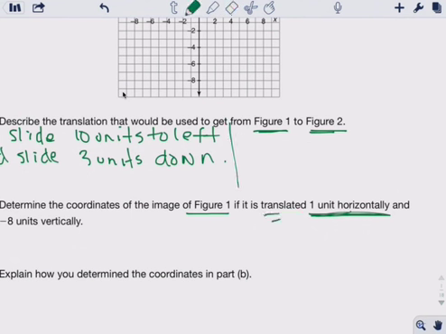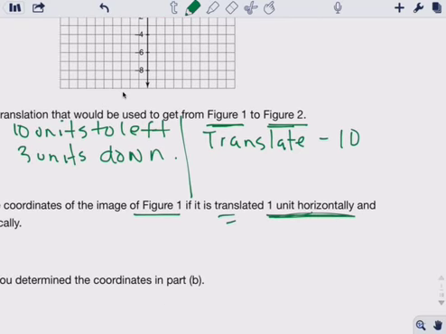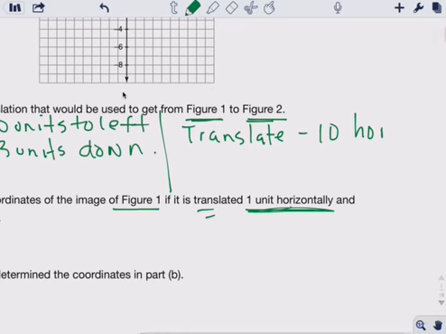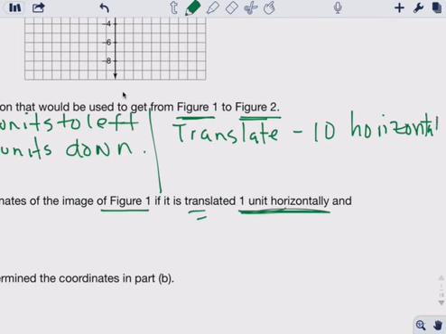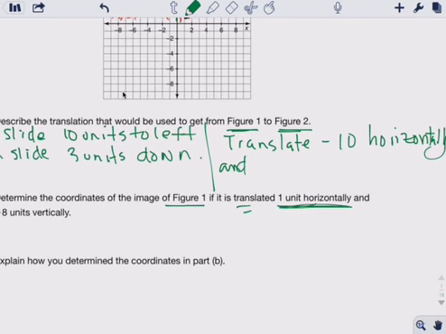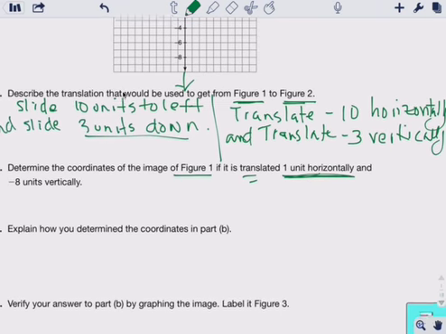So on the first one, you would say translate negative 10 horizontally, and translate negative 3 vertically, because it's going down, it's vertically. That's the two ways you can explain this.